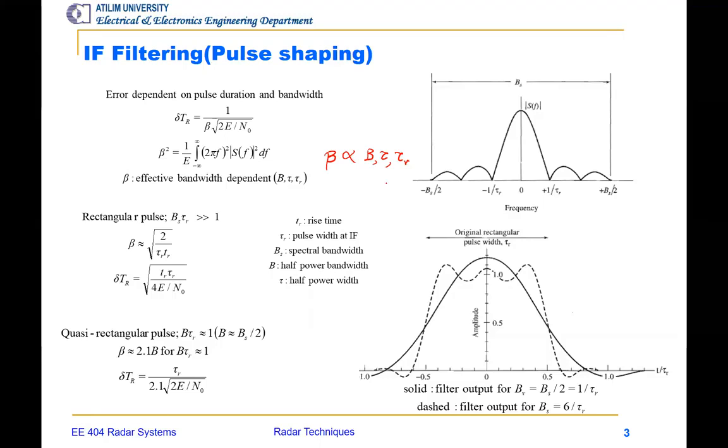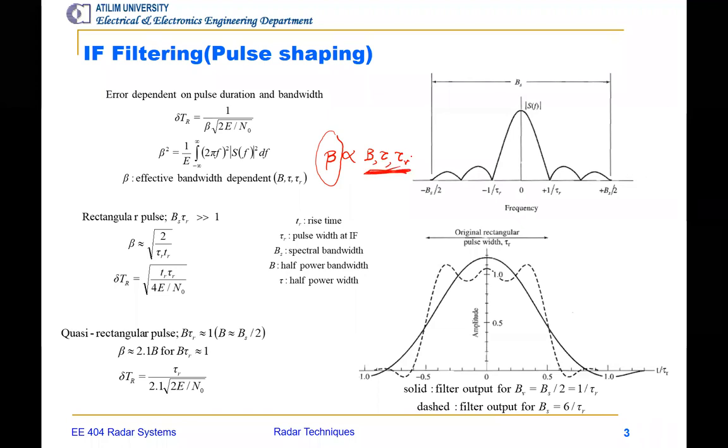So note that we got two different pulses here. One is entering into the IF stage, which is perfectly rectangular, and one at the output of the IF. So we simply use a filter here whose effective bandwidth is dependent on the parameters that we choose.